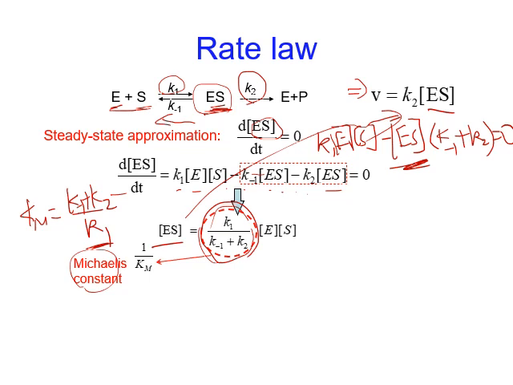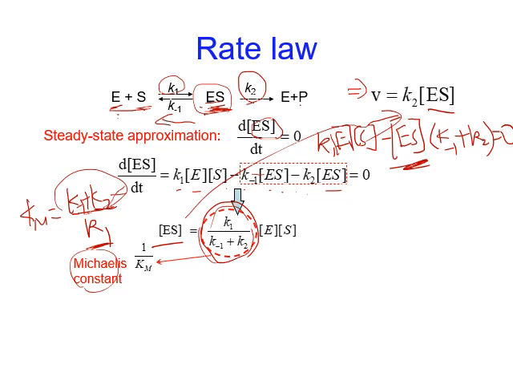k-1 and k2 are both consumption of ES, from ES to go back to the enzyme and the substrate, or to the product. So this combined together tells you how reactive the enzyme substrate complex, the intermediate, is.